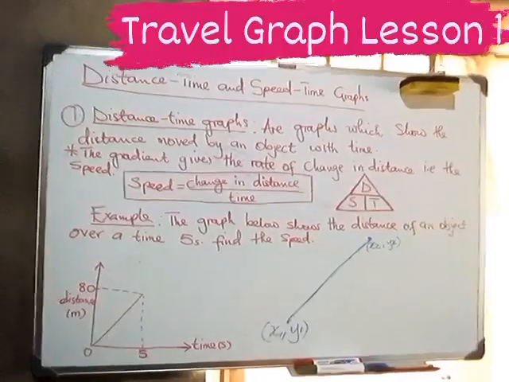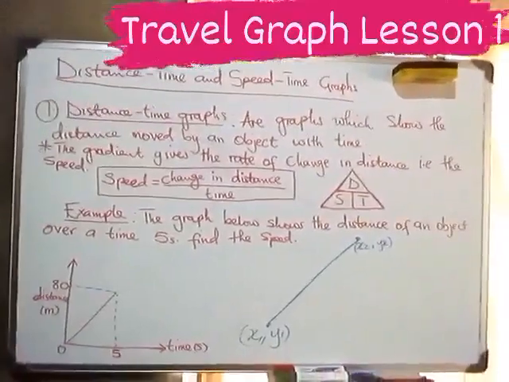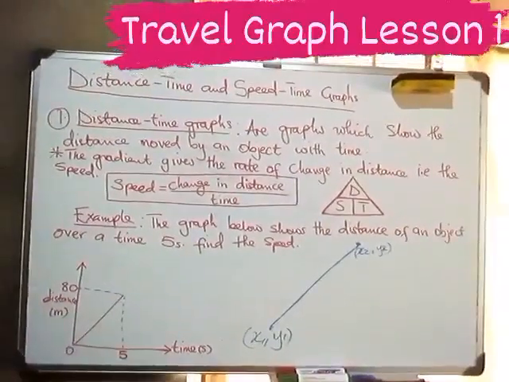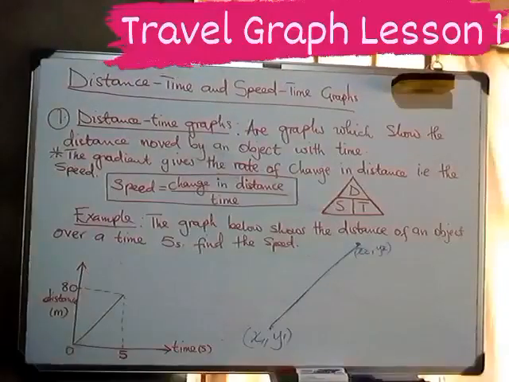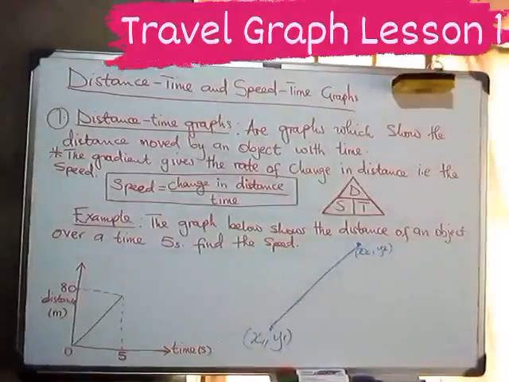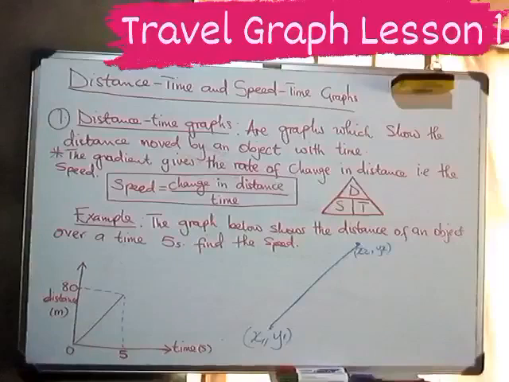Now, we have the formula for the speed. So we are calculating the speed. We say speed is the change in distance with time.